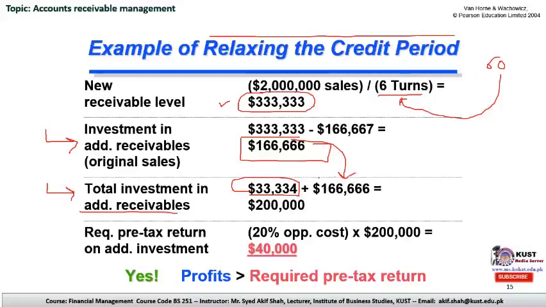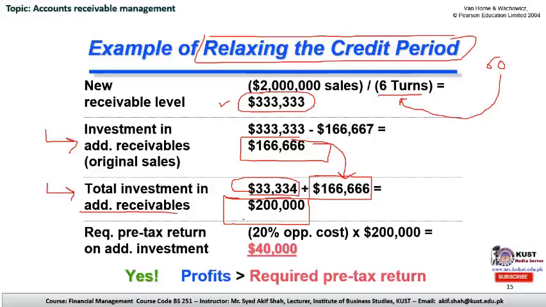Now an additional account receivable has also been generated, and these additional funds are tied up in the previous or old sales. Therefore, the final total investment or total amount stuck in our account receivable, which is additional account receivable because of altering or relaxing the credit period, is now $200,000.